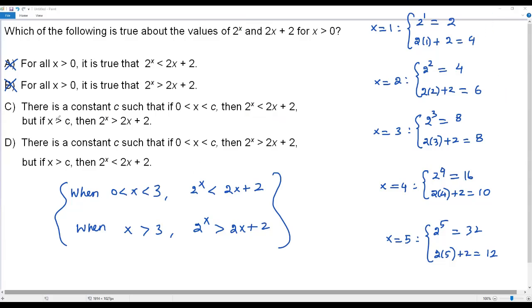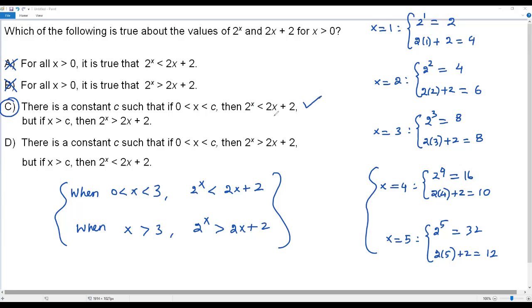And if x is greater than c, that is when x takes a value greater than the same constant c, that is when x is greater than 3, the value given by 2 to the x power is greater than the value given by the linear expression, as explained for x = 4 and x = 5. Okay, so the correct answer choice for this question is option C.